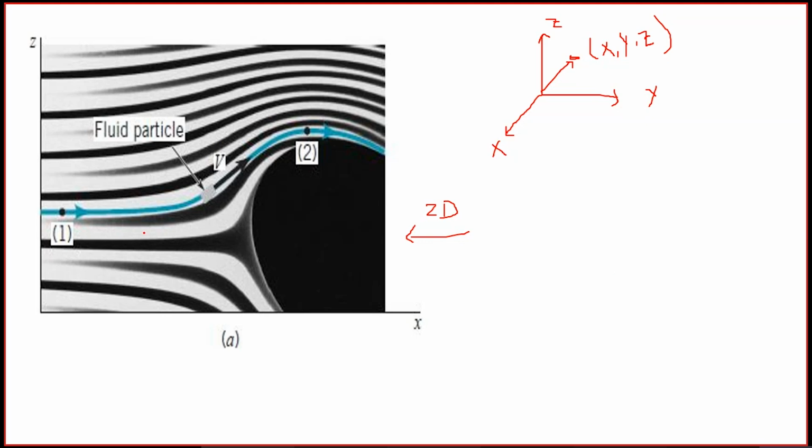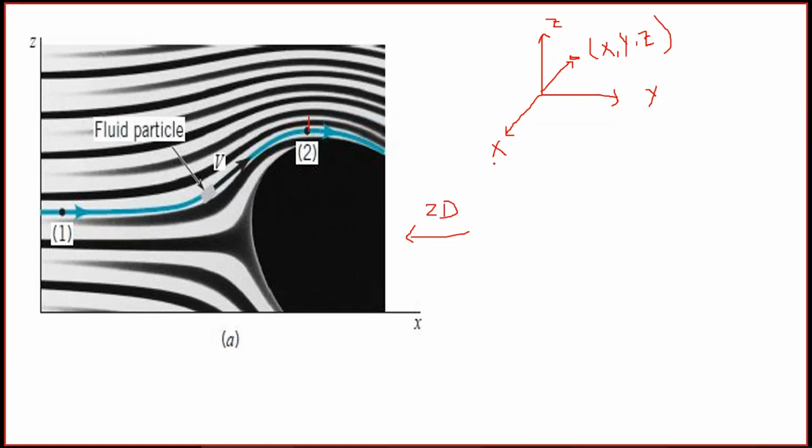For example, at some instant we have a particle at position 1 and it is moving with velocity v. After some time t, we can find this particle at position 2 here, right? So the path traveled by this particle is defined by the velocity vector.